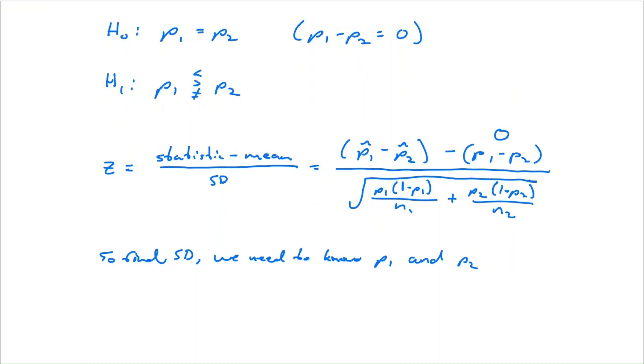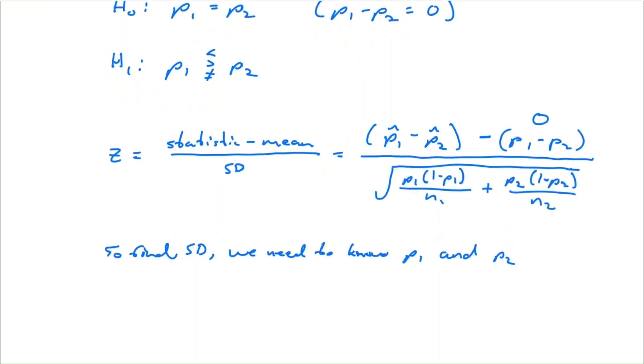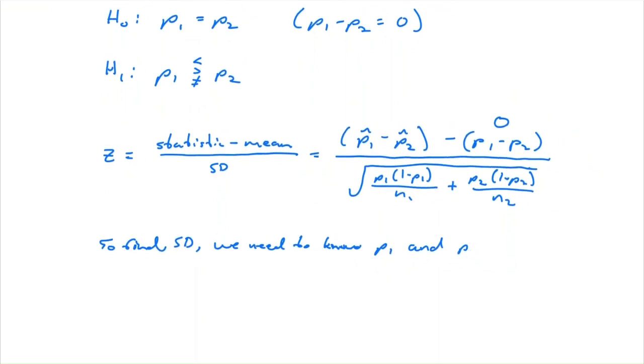So because of that, we assume that P1 is equal to P2 by the null hypothesis.